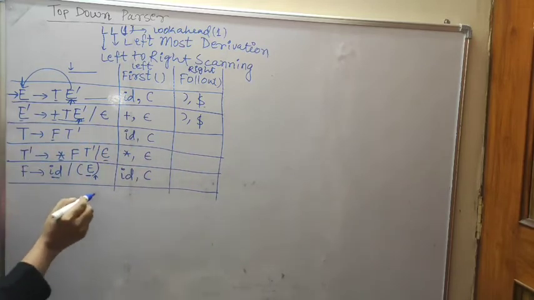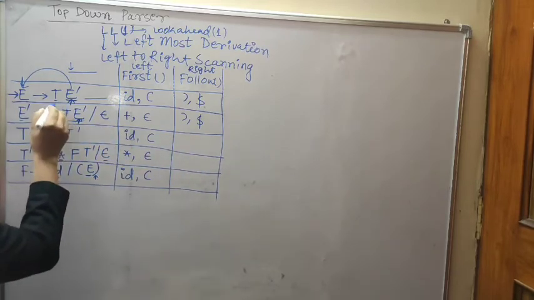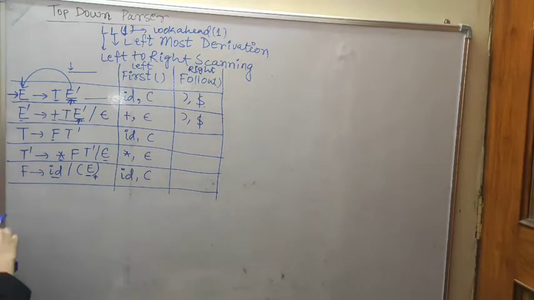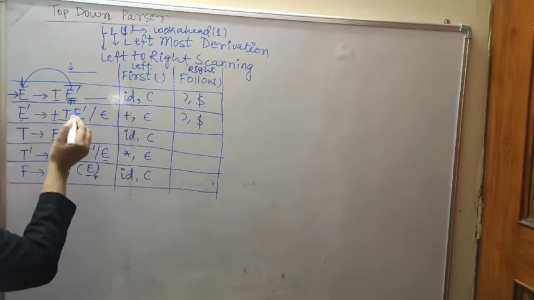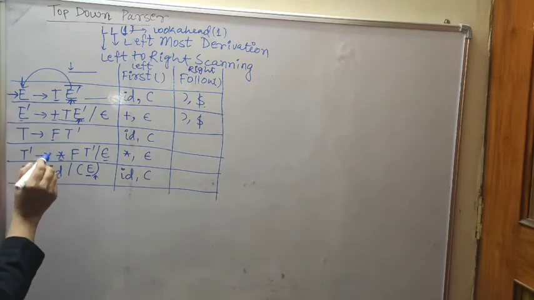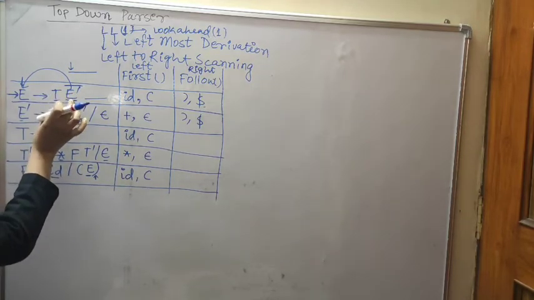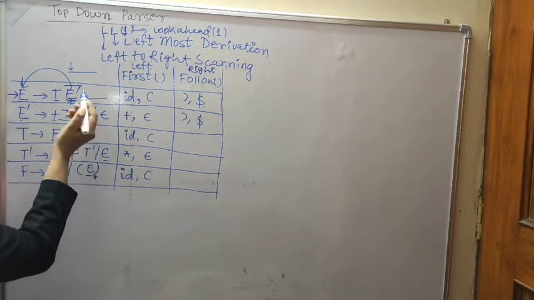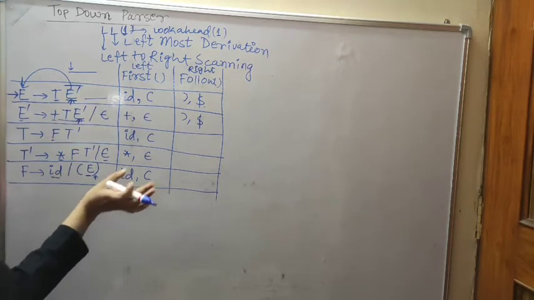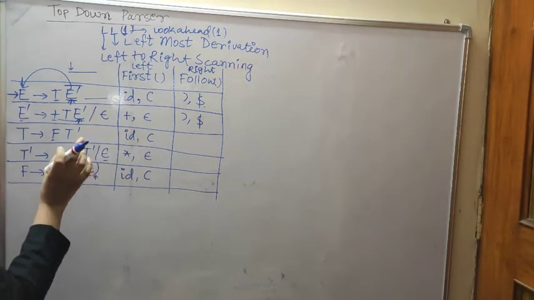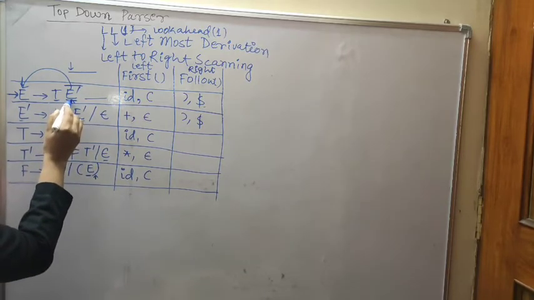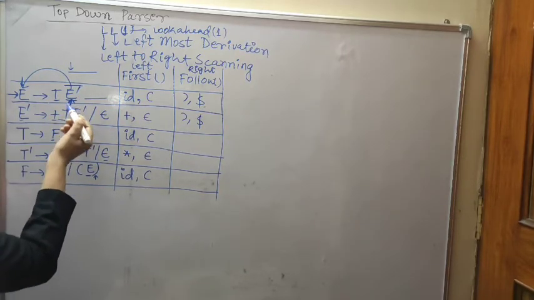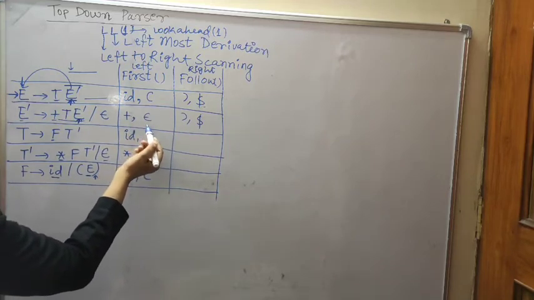Now follow of T. Check where T is given. T afterwards has E dash, so we take first of E dash. I told you that whenever any letters are there afterwards, we take the first of that non-terminal or terminal variable. Here a non-terminal, E dash, is given, so what is first of E dash? Plus and epsilon.